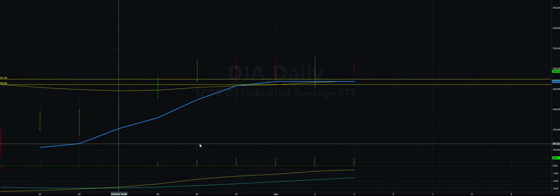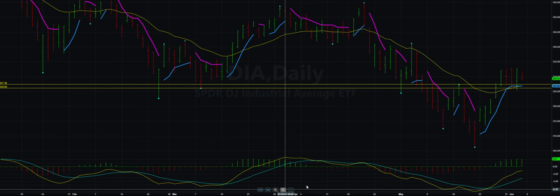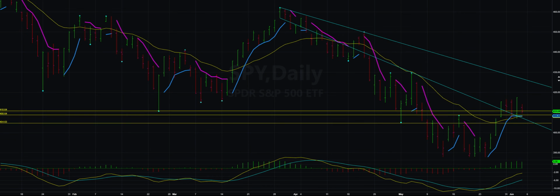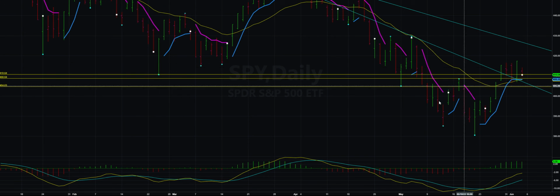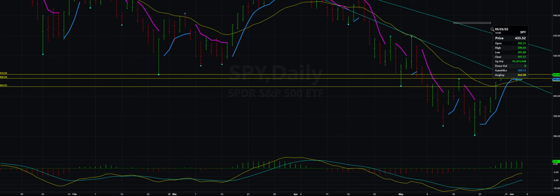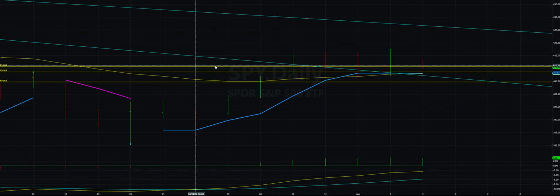Now, let's minimize this, zoom back out, and look at the SPY and see what Lowest looks like on the SPY, okay? Let's zoom in. So on the SPY, Lowest is still holding support, still holding it up, all right? As you can see, the blue line for Lowest is right below the price on the SPY.